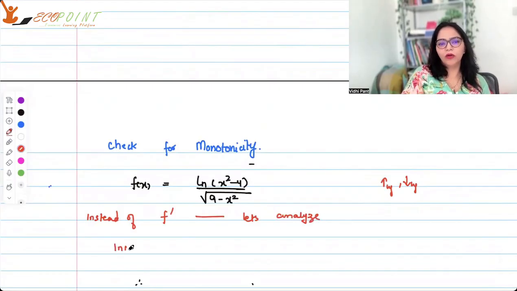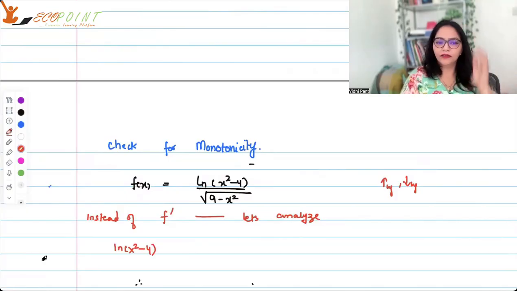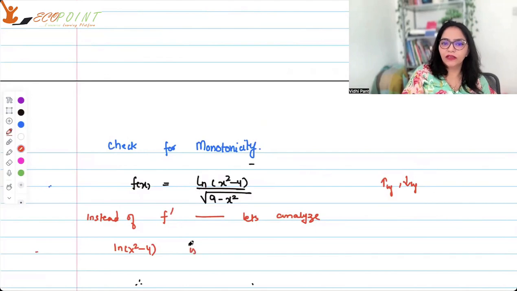So think about log of x square minus 4. Log of x square minus 4 is increasing because log is an increasing function. So log of whatever, it's going to be increasing, right?